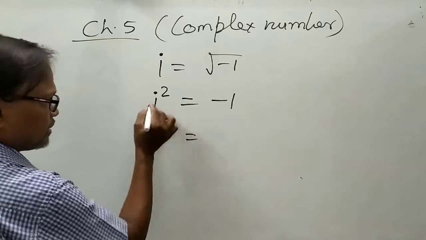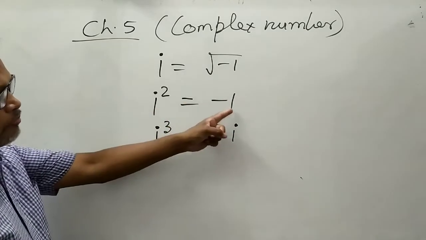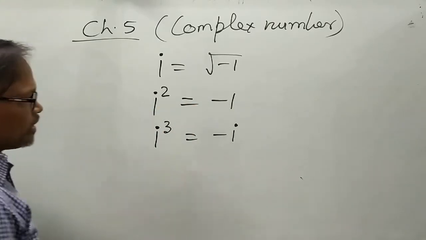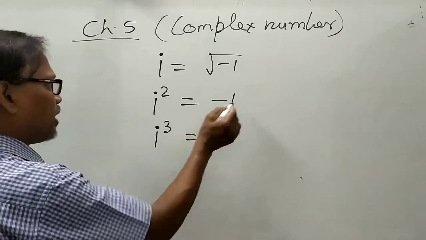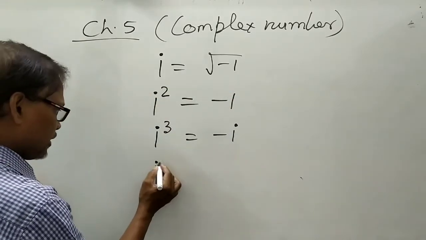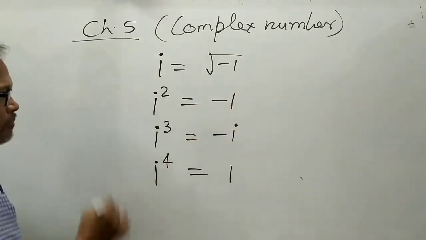I cube here and here minus I, क्योंकि I से multiply with I, both the sides. And if you take the square of this, अगर इसको स्क्वायर कर दें, what you will get? I to the power 4 is equal to 1 because minus 1 का square 1.